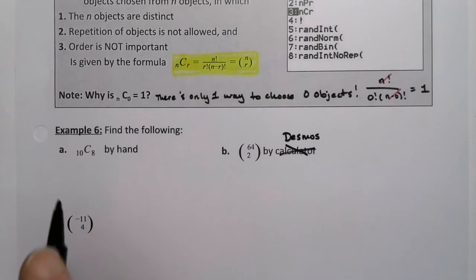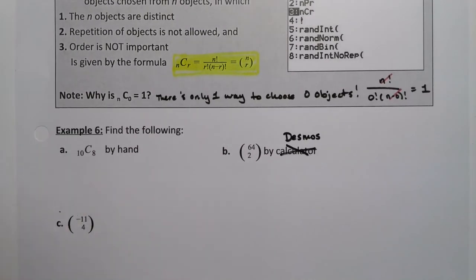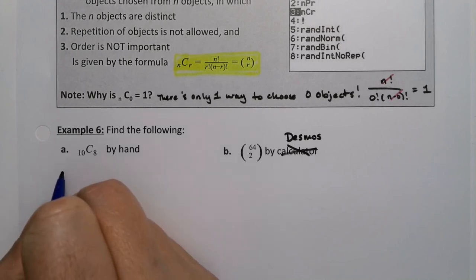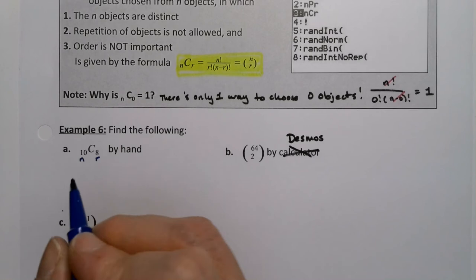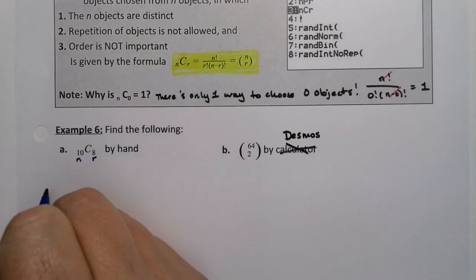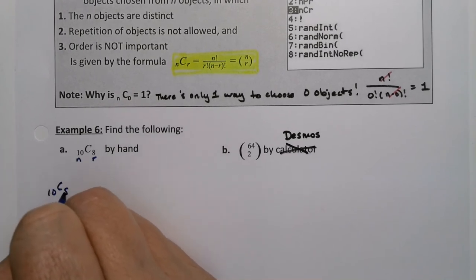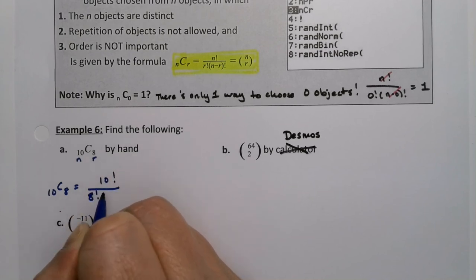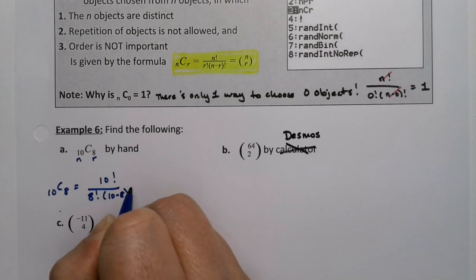All right, so now let's find 10C8 by hand. So that's the n, that's the r. We're going to say that 10C8 is equal to 10 factorial over 8 factorial times 10 take away 8 factorial.